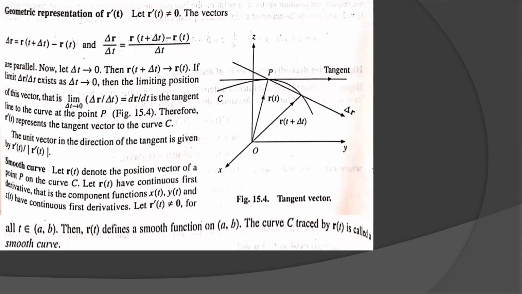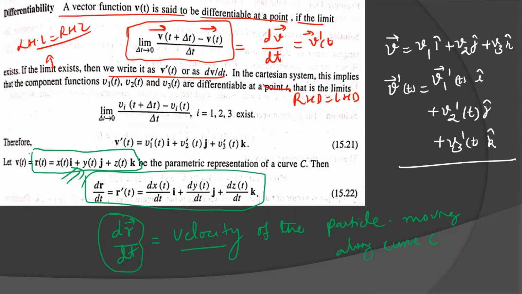If we see the Cartesian representation, dr by dt also represents the sense of the particle moving, or if you take the tangent and normal form of any curve, then this represents the slope of the tangent at any given point.